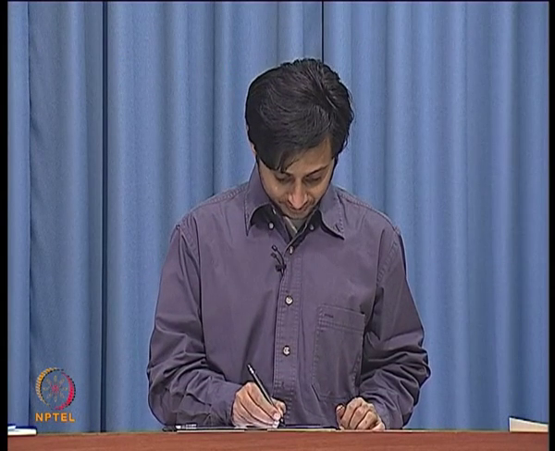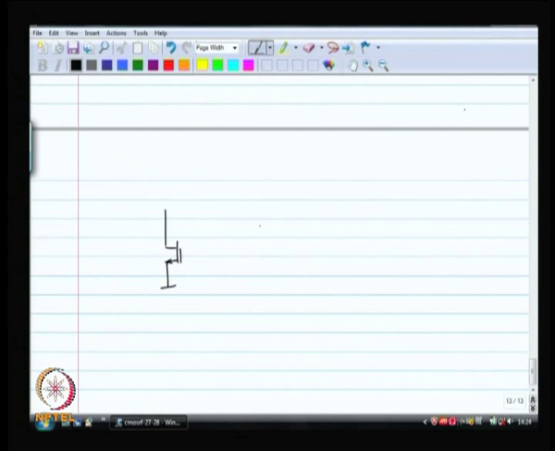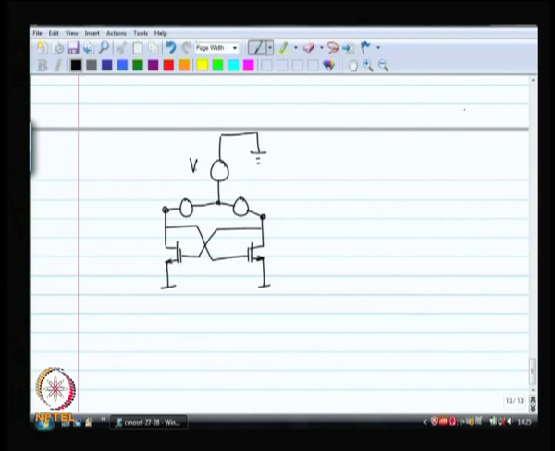Suppose you apply your signal like this, then you are going to do some sort of superposition trick to figure out what is going to be the current.